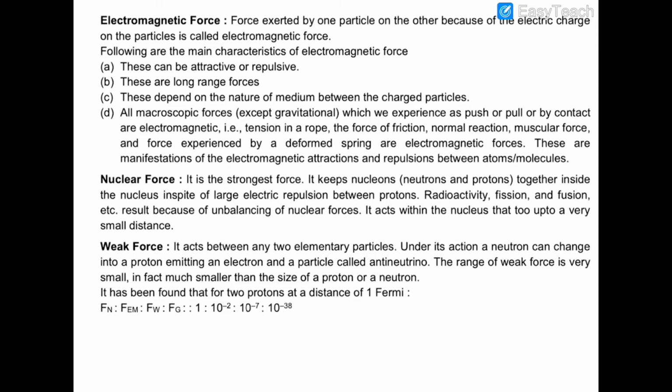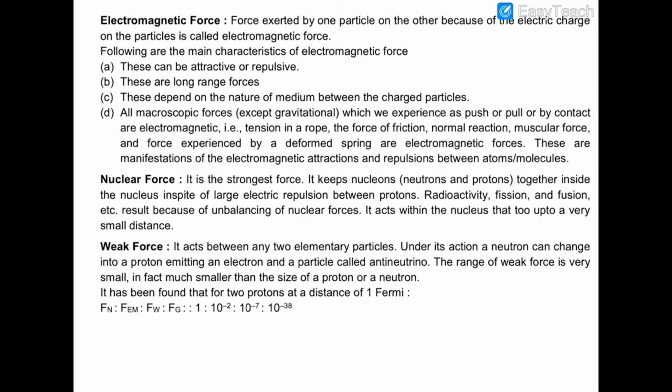And we can also say that all the macroscopic forces apart from gravitation, like pushing force, pulling force, friction force, normal reaction force, muscular force, or spring force, are all electromagnetic forces.